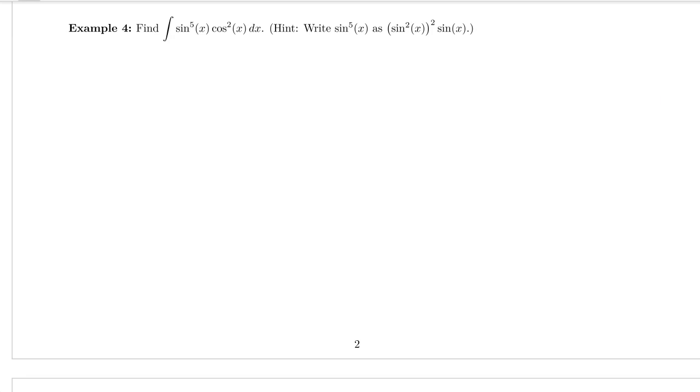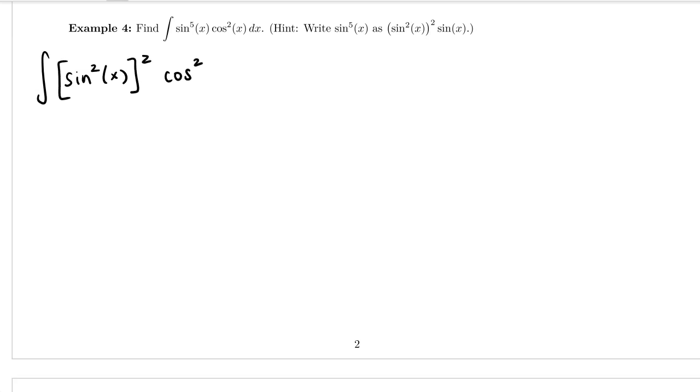Example 4 asks us to find the indefinite integral of sine to the 5th power of x times cosine squared x dx. And it gives us a hint, so we're going to rewrite sine to the 5th as sine squared x, quantity squared.